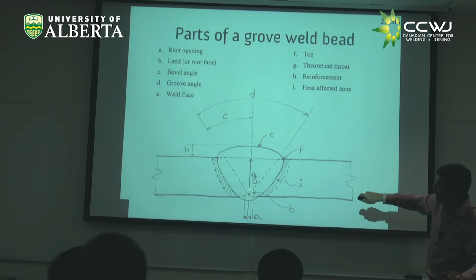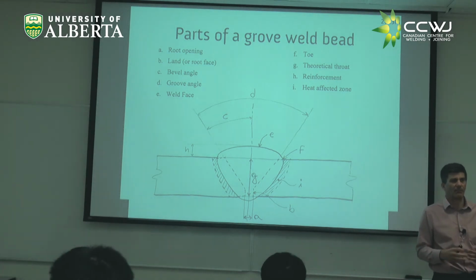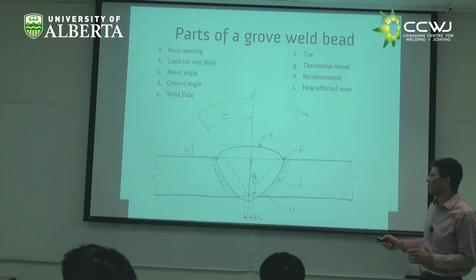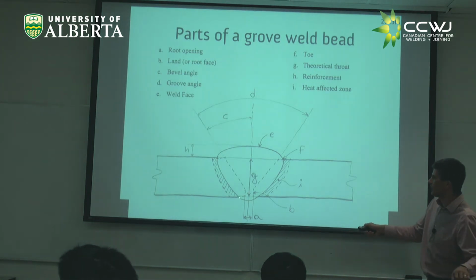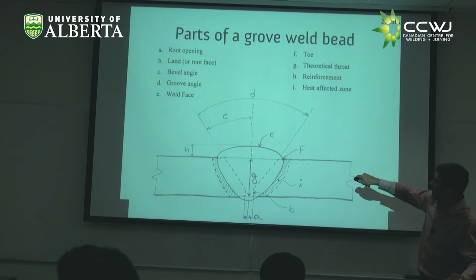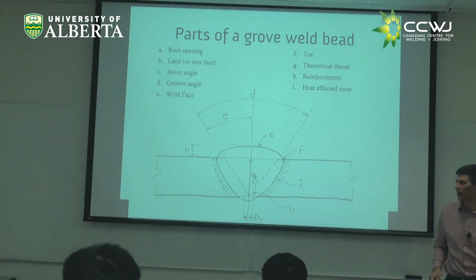And this other part, from the top of the plate to the bottom of the plate, would be the theoretical throat, right? Because very often you say, I don't know how big my reinforcement is going to be. I don't know how big my melt through is going to be. So I'm going to assume they are not there, not take credit for that, and just assume this is my throat. This part that sticks out, this is called the reinforcement, right?